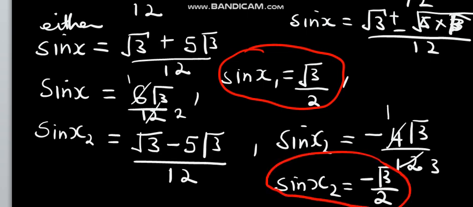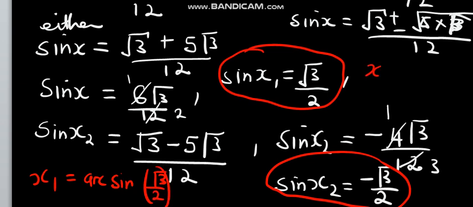Now, we are going to use the principles of trigonometry to find x1, and it will be arc sine of root 3 out of 2, and to get x2, we are going to use arc sine of negative root 3 out of 2.